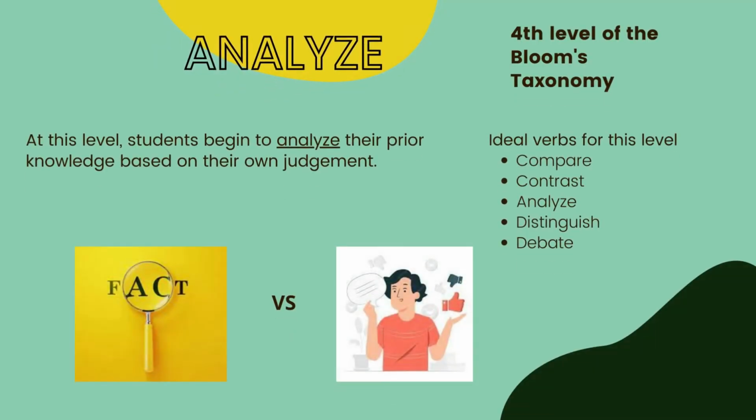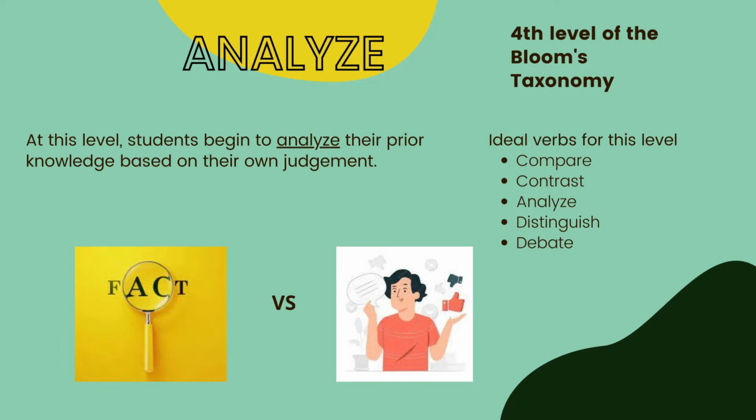Analyze is the 4th level of Bloom's taxonomy. At this level, the students use their own judgment to begin analyzing the knowledge they have learned. At this point, they begin understanding the underlying structure of knowledge, and also they are able to distinguish between fact and opinion.